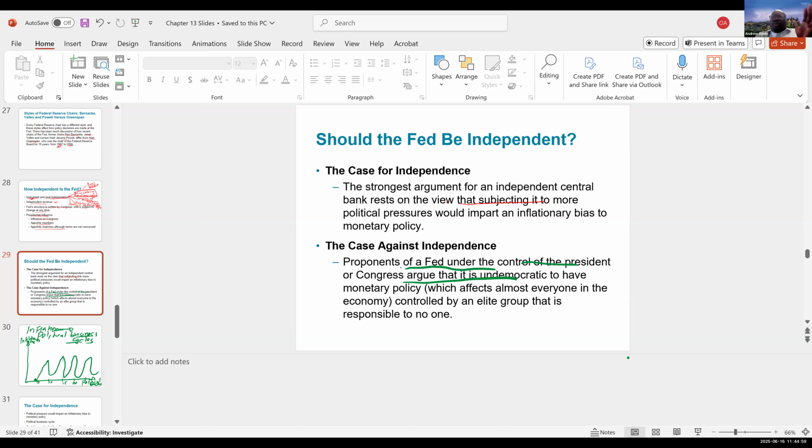We don't want that. So this argument kind of falls on its face. But people who don't like what the Fed does are going to say the Fed is undemocratic, because only very few people make decisions which end up affecting the lives of all Americans.